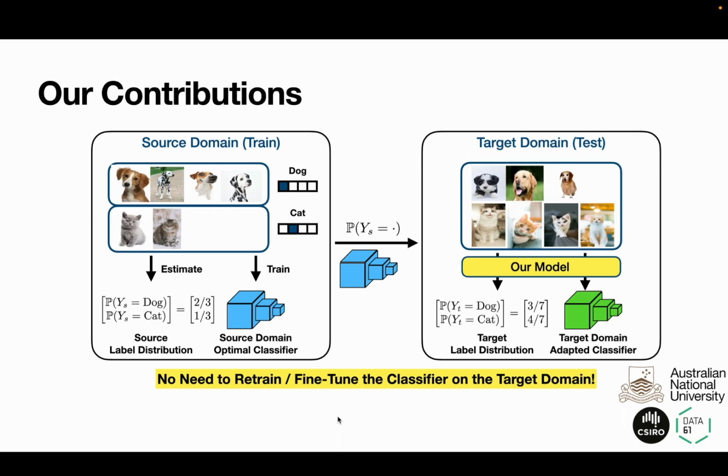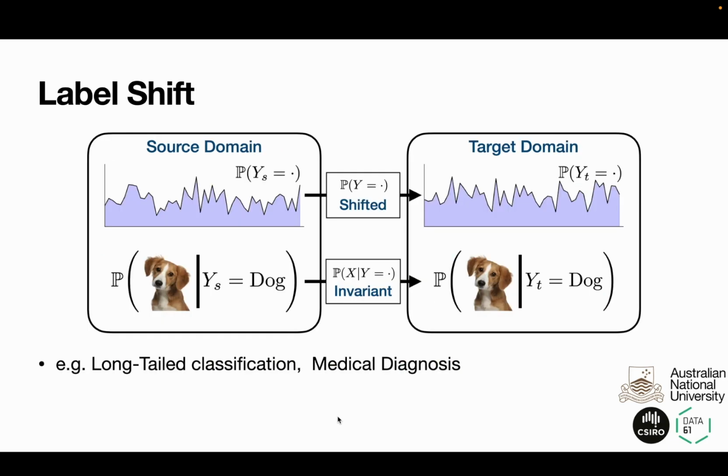In our work, we propose a novel model that is able to adapt a classifier trained on the train set in the source domain to a test set in the target domain without retraining or fine-tuning the classifier. We analyze the class-imbalance problem in a more general regime, the label shift problem. Label shift is a common type of distribution shift.